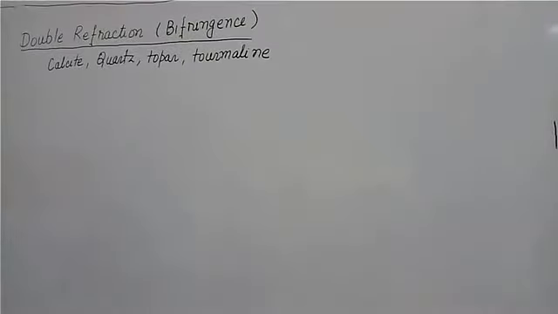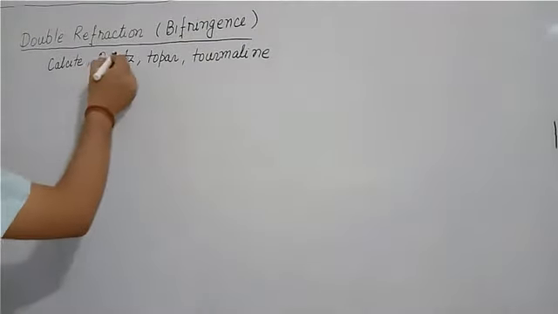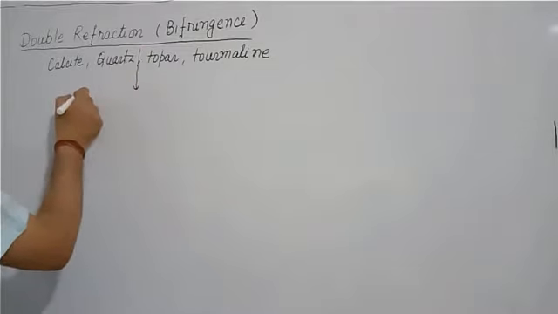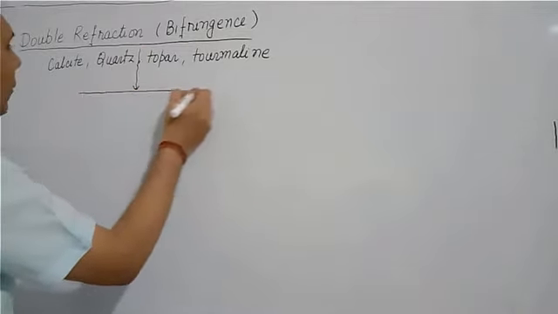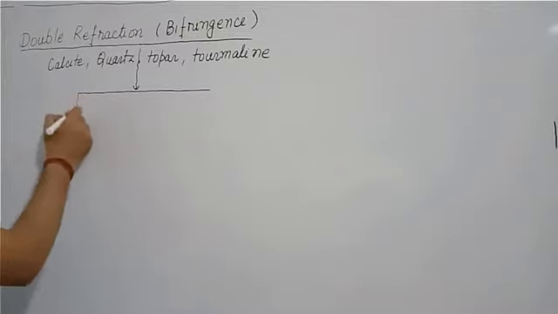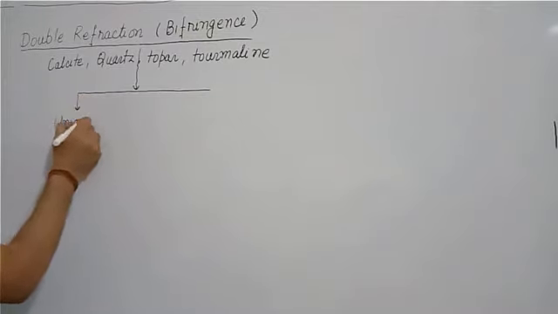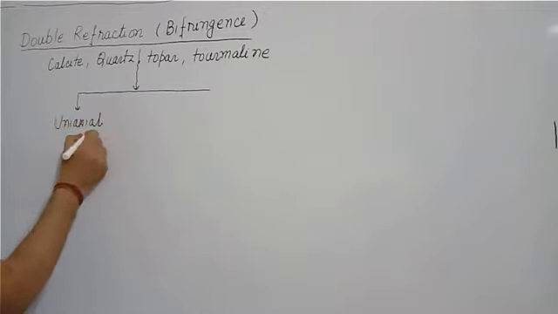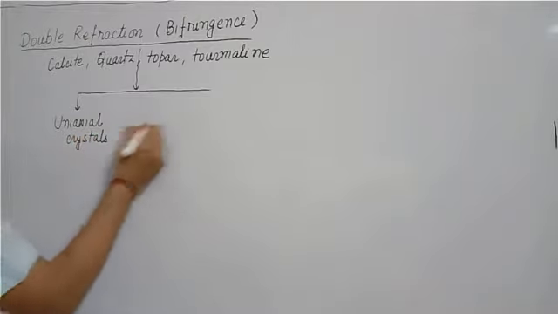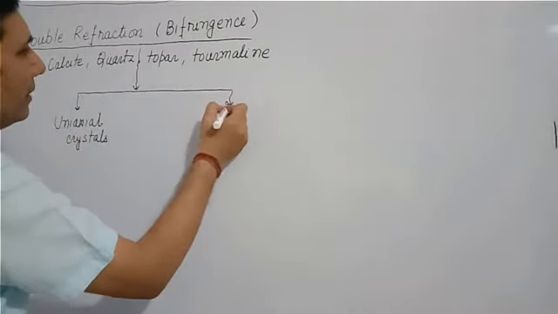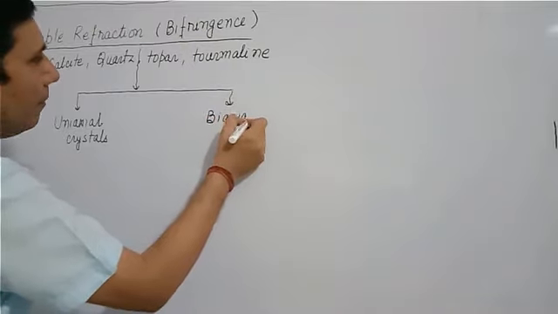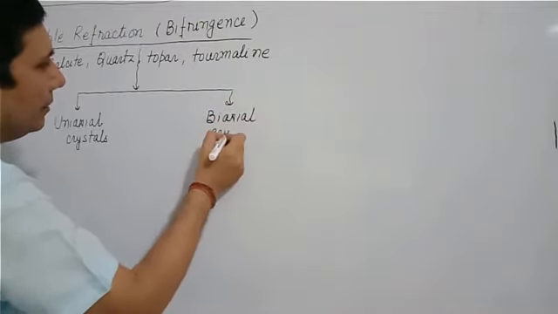These doubly refracting crystals can be classified into two types.